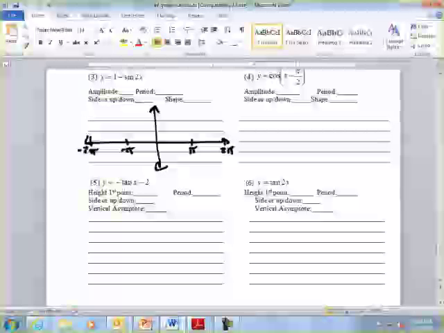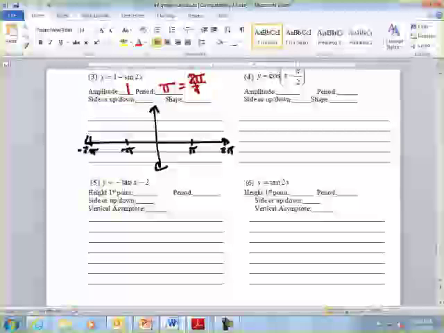For number 3, what's the amplitude? 1. There's no multiplier in front of sine, so we have an amplitude of 1. Period? Pi. 2 pi over b, and b is 2 in this one. So period is 2 pi over 2, or just pi.